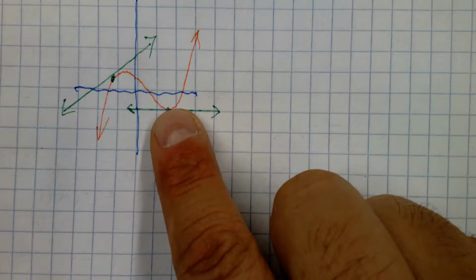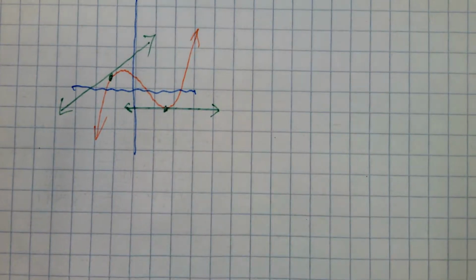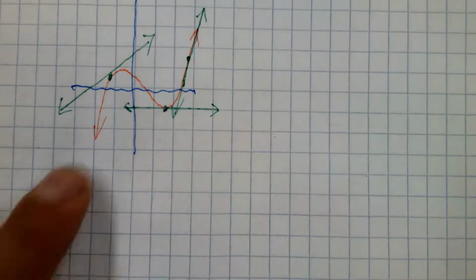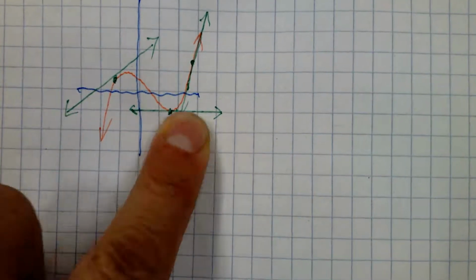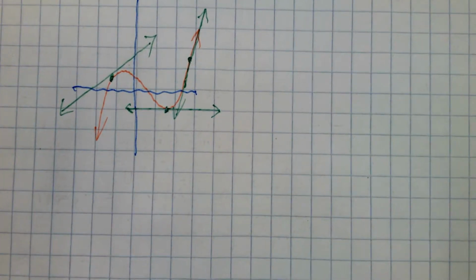Here's the line that would give you the slope for this point. If I pick a different point, it has to be what's known as tangent. So it's only going to touch at that one spot. So do you see the slope is constantly changing?